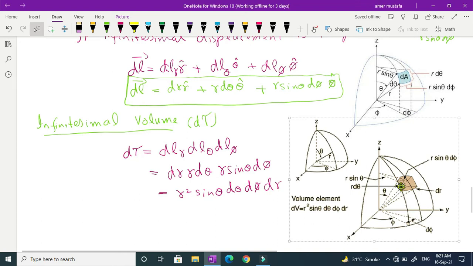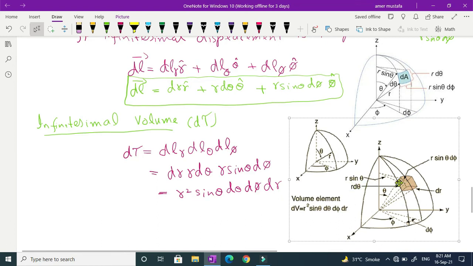In this direction, theta is changed because this radial line makes an angle theta. If this radial line rotates in the vertical plane, then theta will change, and due to change of theta, the infinitesimal displacement is r d theta.